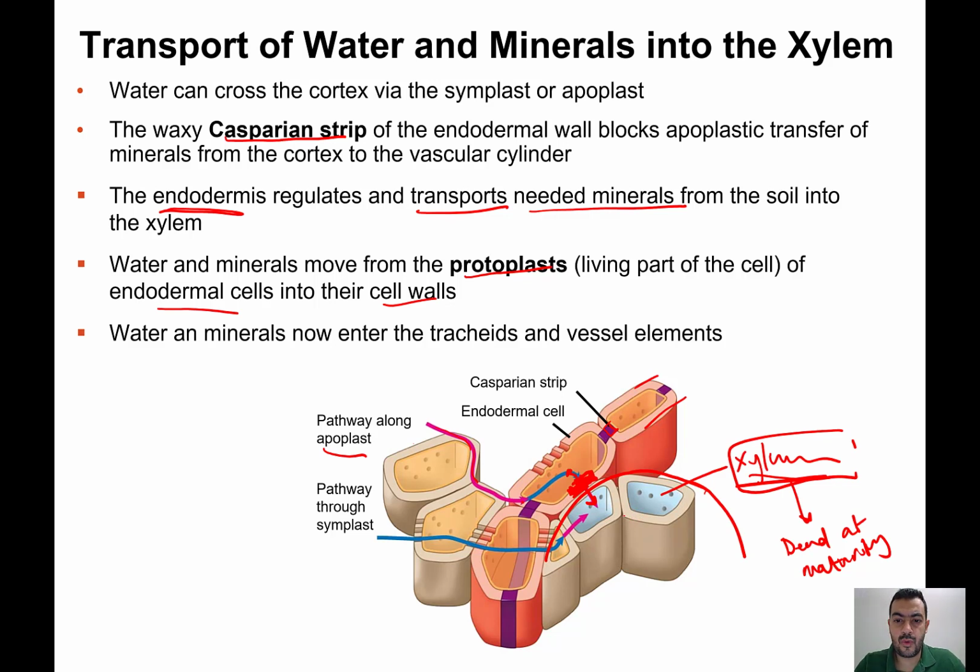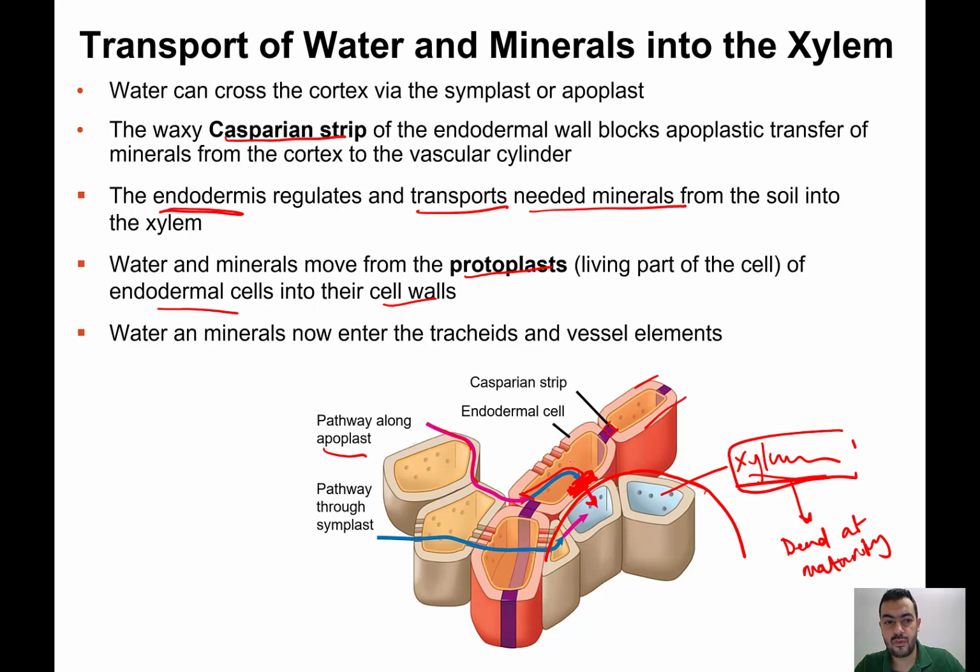So as you can see, we have now followed the movement of minerals and water from the soil. We have explained what generates the selectivity, which is having the endodermis and, more specifically, the Casparian strip. This forces the apoplastic pathway to switch to symplastic at the final step, which is crossing the endodermal cell, and this ensures the selectivity because the plasma membrane is a selectively permeable membrane.